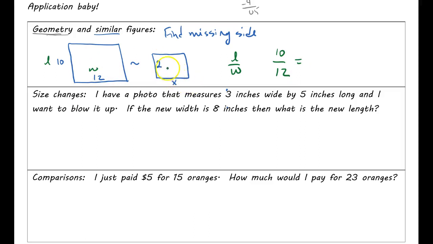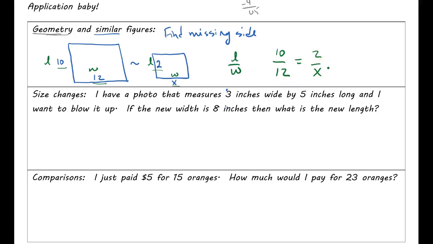Do the same thing here. Do the L over the W here. So 2 over X. So it's really just always going to be two fractions, and you just have to be kind of careful with where you stick the numbers to make sure you're putting them in consistent spots. So on this one I did the side over the bottom. Okay, so that's how we've set it up.